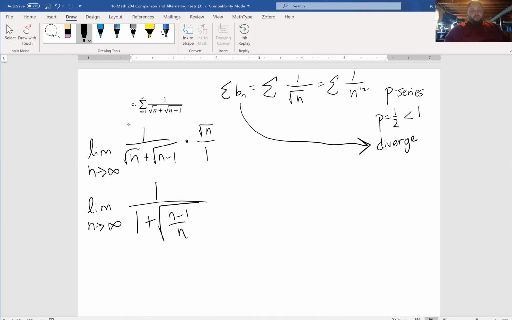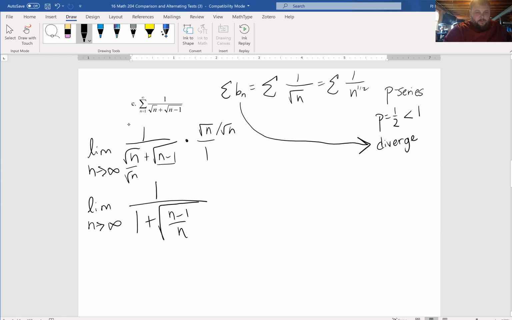All right, so square root of n on top becomes 1, square root of n on the bottom becomes 1, and then I just combined the 2 square roots for that term. So if you really want, you could do it like that, right?